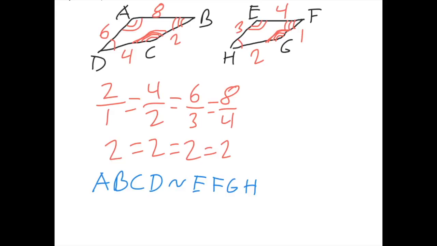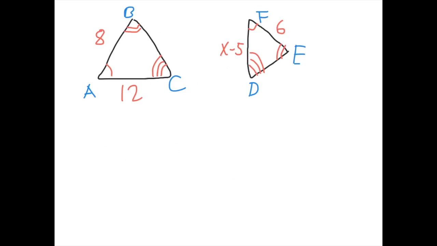Alright, now let's find some missing sides. So in this problem we have triangle ABC and triangle FED. So we want to find out a few things. First, we want to solve for x. Then we want to find this side FD.